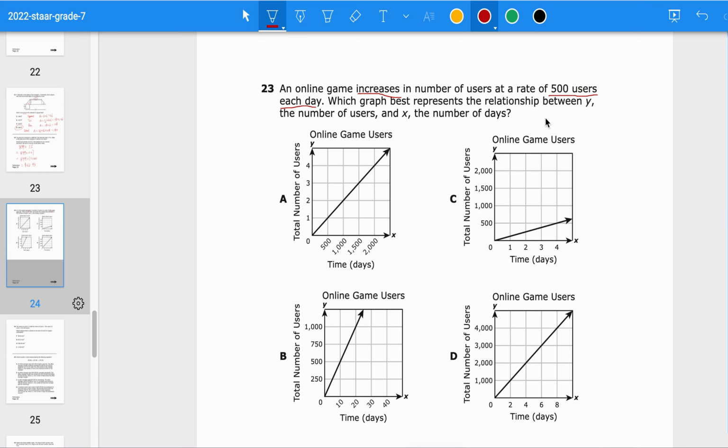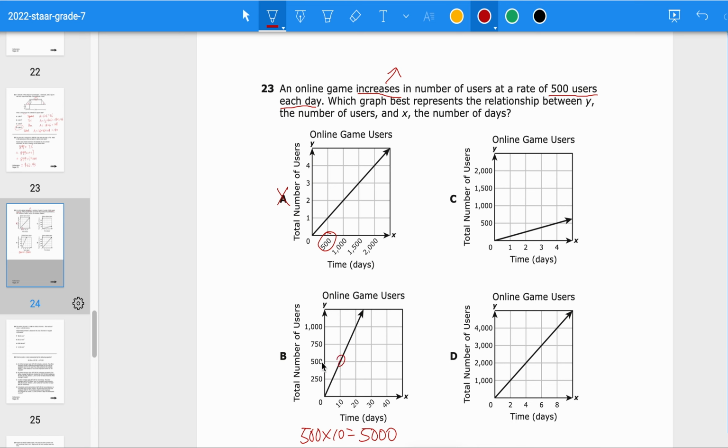So the online game increases the number at a rate of 500 users each day. So this is the main information. We have 500 users each day increase, so it should go up. And let's take a look. A, time and days, 500? No, that's not what we know. It's each day. So A is out. And B, 10 days. Okay, if each day is 500, how many should be 10 days? That'll be 5,000.